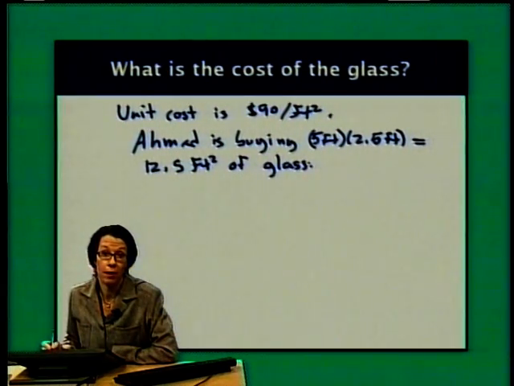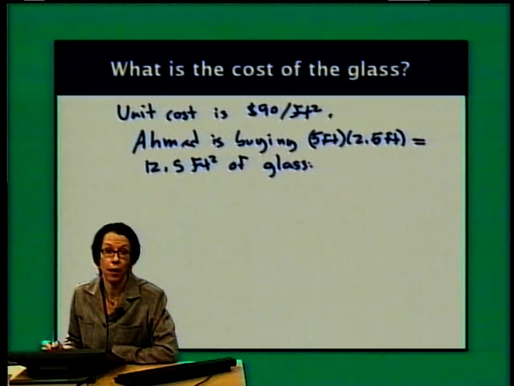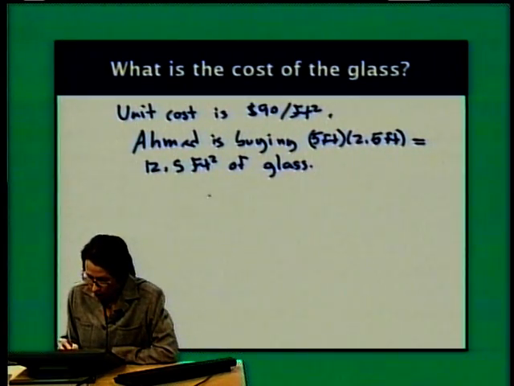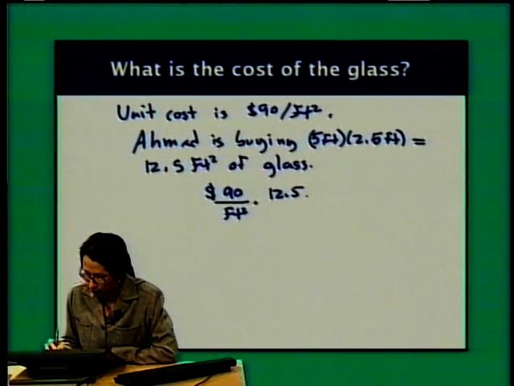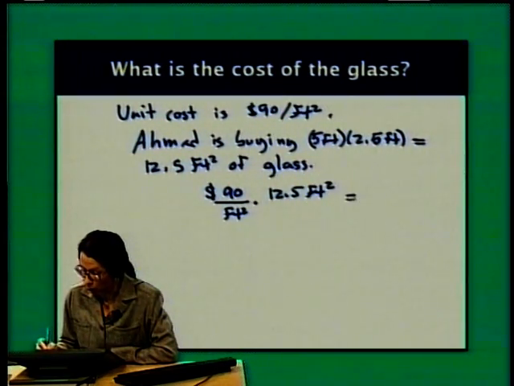So to calculate the cost, I'm going to multiply the 12.5 square feet of glass by the unit cost. So $90 per square foot times 12.5 square feet. Notice the units I'm going to end up with are just dollars, which is what I want.